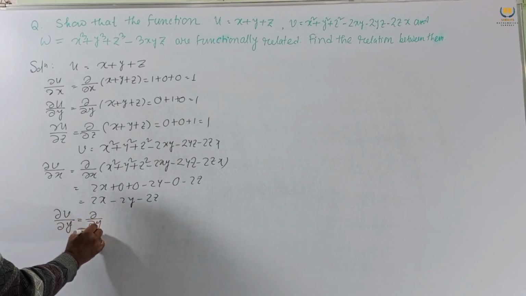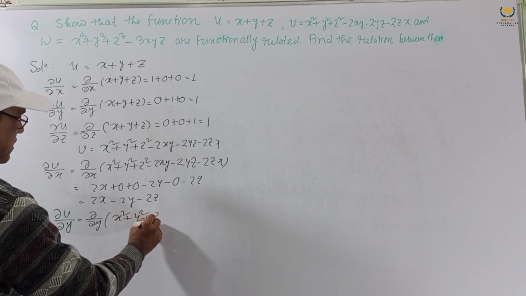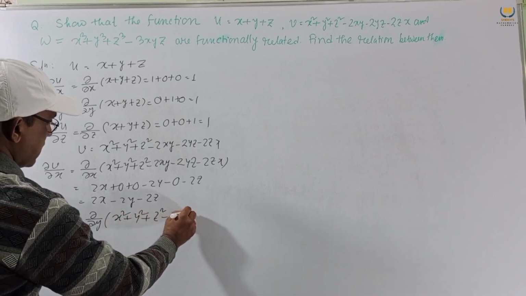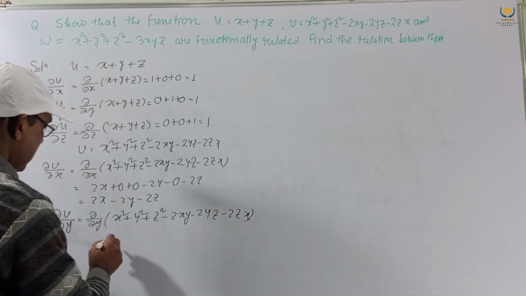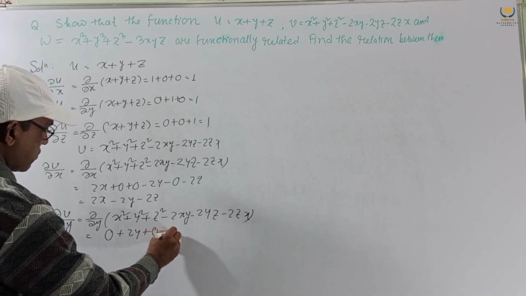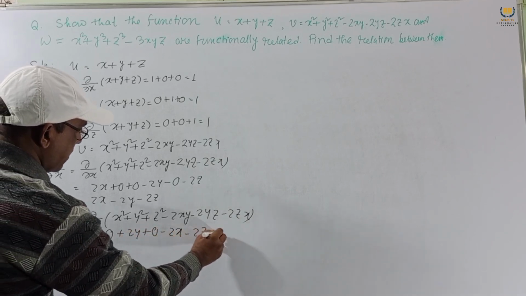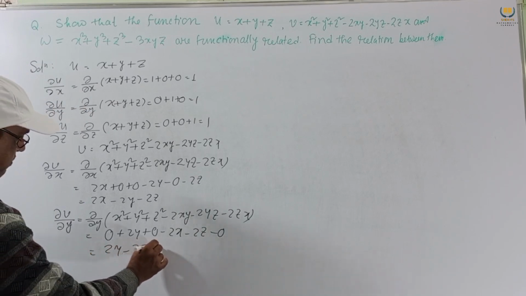del y of x square plus y square plus z square minus 2xy minus 2yz minus 2zx, and this equals 0 plus 2y plus 0 minus 2x minus 2z minus 0, and this will be 2y minus 2x minus 2z.